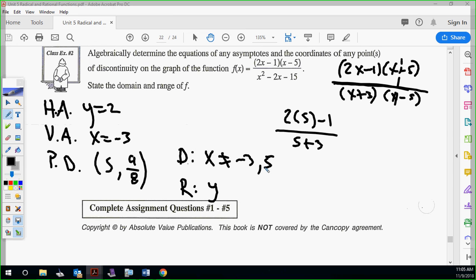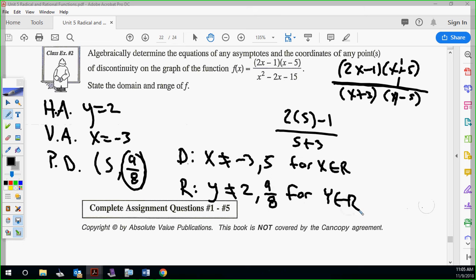Yep, just x can't be -3 or 5. And then for all reals, yep. Okay, and then how about your range? Can't be 2. What's that? Nope. One more piece. Can't be 9/8, right? 9/8 is an open hole, so it can't be that value either. Okay, that's good. All right, good job, good job. Cool.